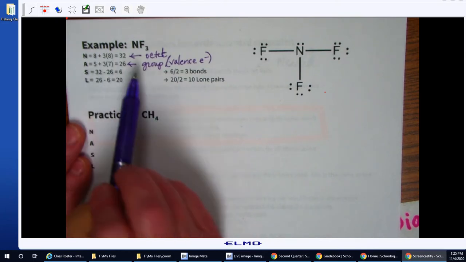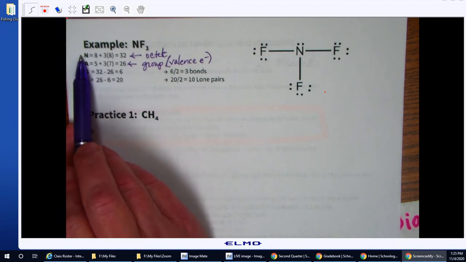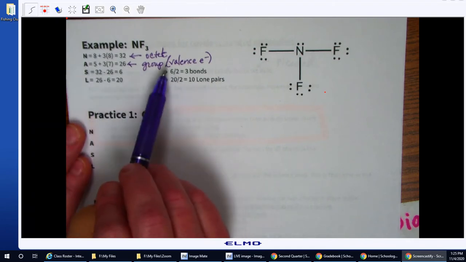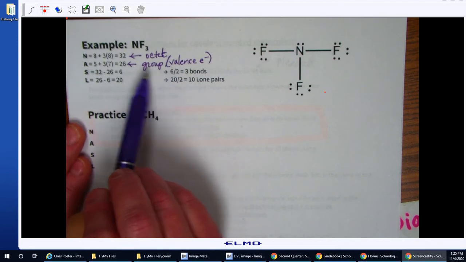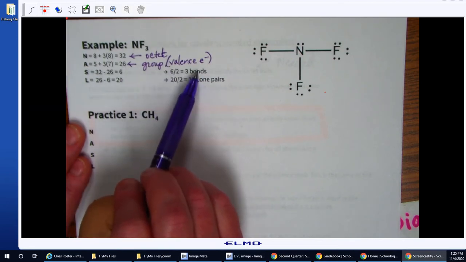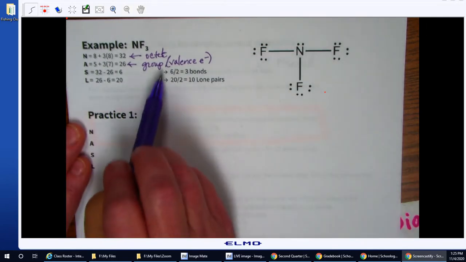Now, to find out how many are left over, I have actually 26 electrons, but we're sharing 6. So again, remember, I subtract N minus A equals S, A minus S equals L, and then I just divide S and L by 2 to determine how many bonds and how many lone pairs are left.